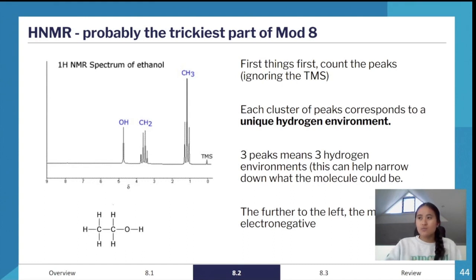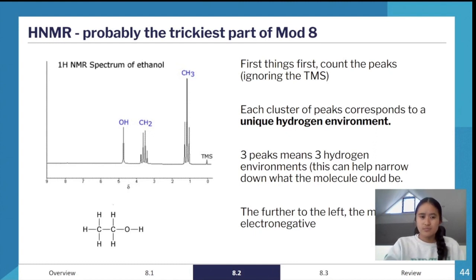Now, another thing that's important to remember with HNMR and also CNMR, which we'll get to later, is that the further to the left it is, so this OH, which is the furthest to the left, the more electronegative it is. So that OH is the most electronegative because of that oxygen.